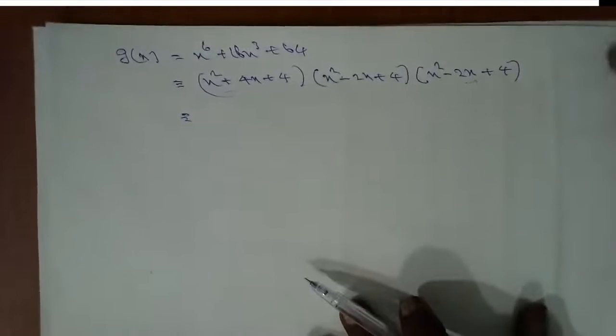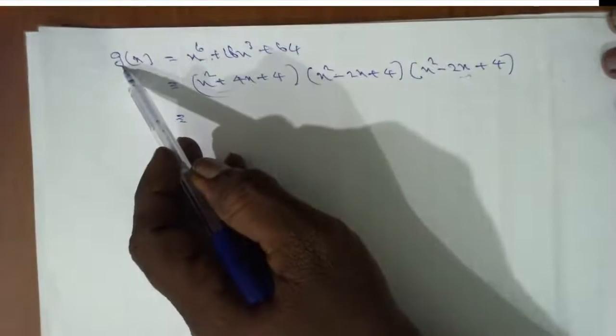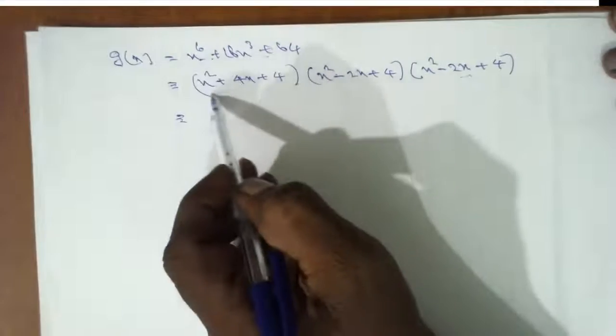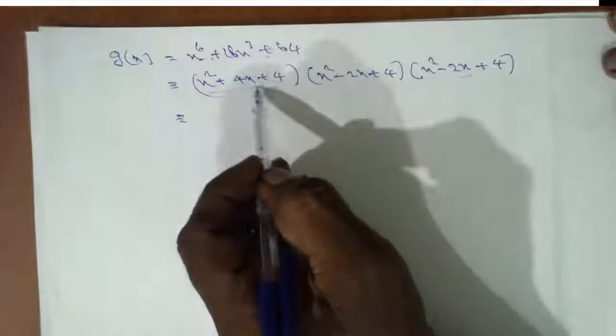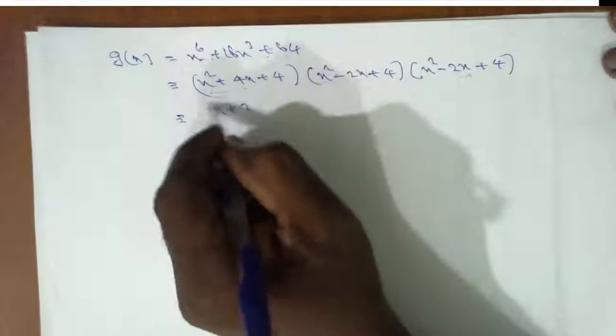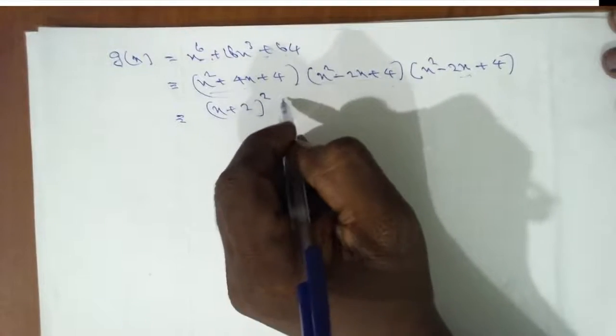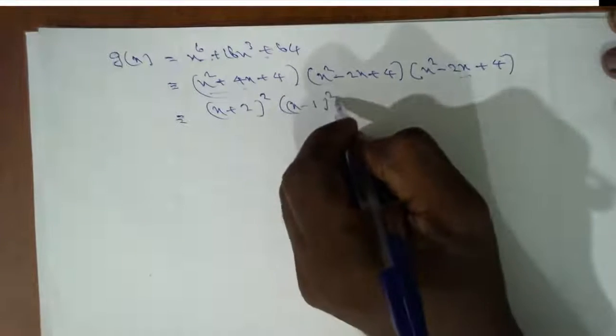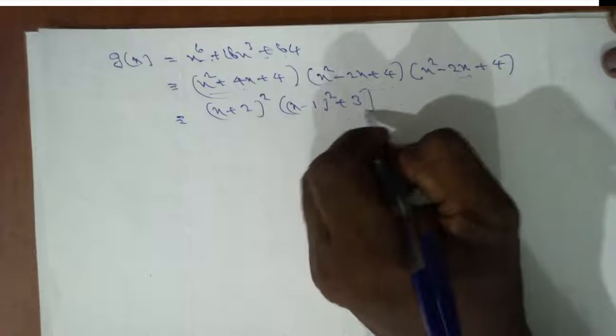Instead of this, now you have to show g(x) is non-negative for all x. So this is actually (x plus 2) whole squared, and this one is (x minus 1) whole squared plus 3.